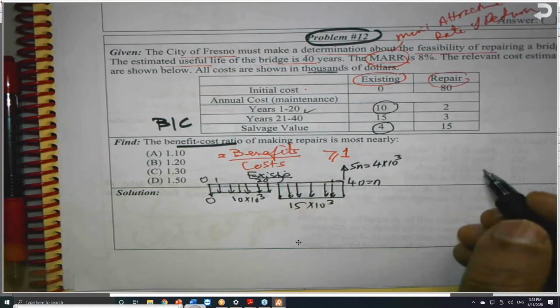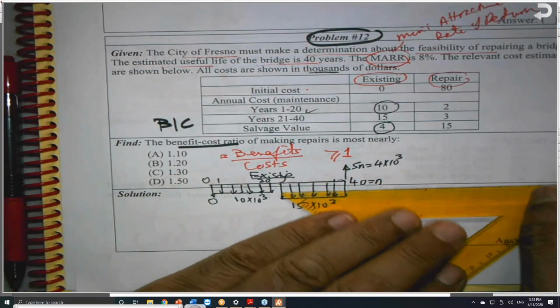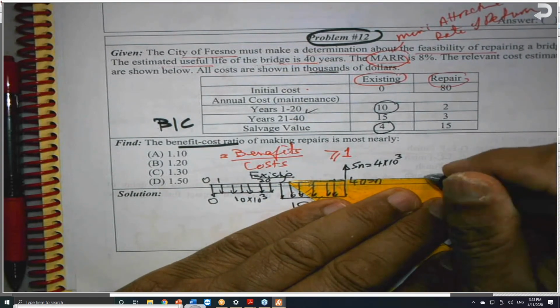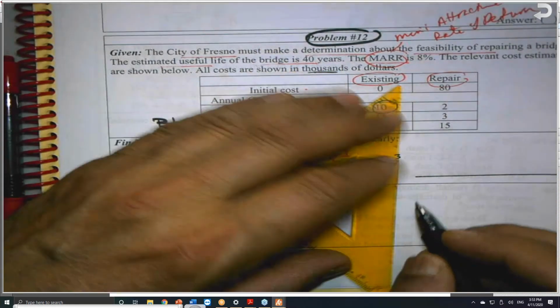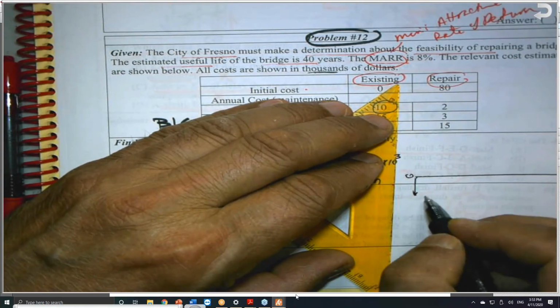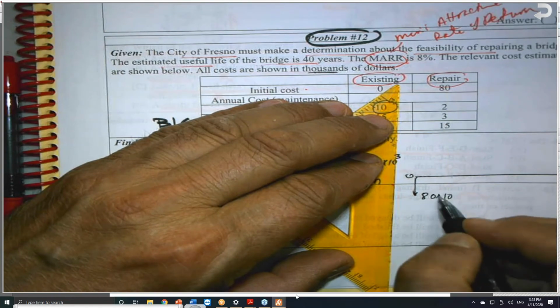If you draw the cash flow diagram for the repair option, let me draw it here next to it. It's very, very important to draw the cash flow diagram correctly. At time 0, I have 80,000 first cost.